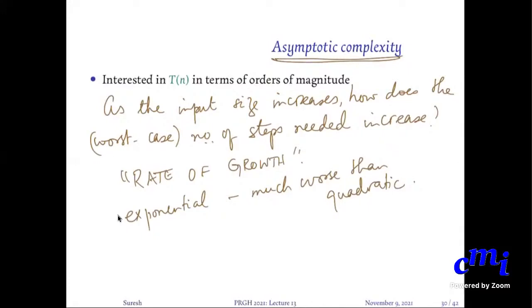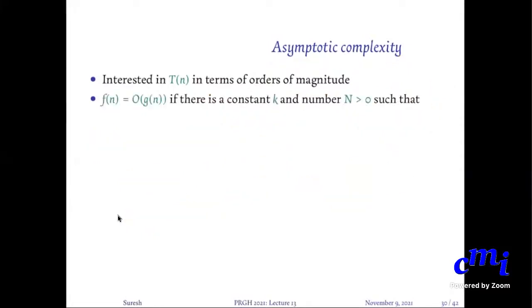Technically speaking, you will say that a function f belongs to order of g(n), but you will write f equals order of g(n). This is just an abuse of notation.